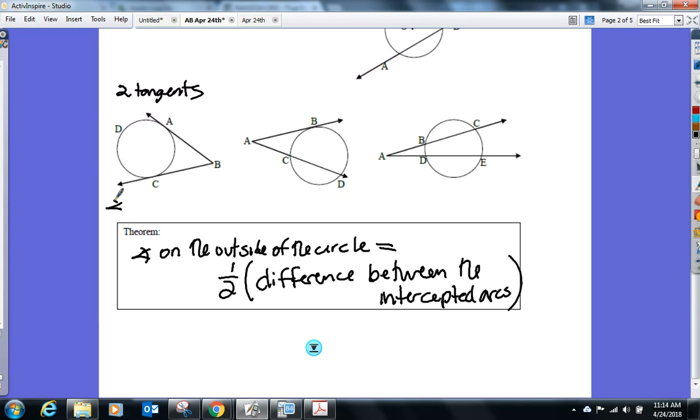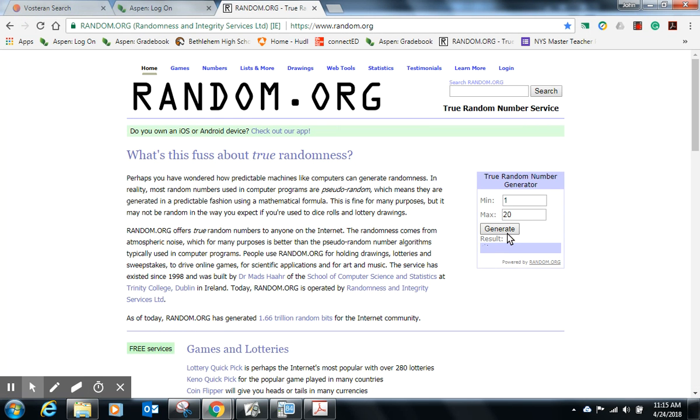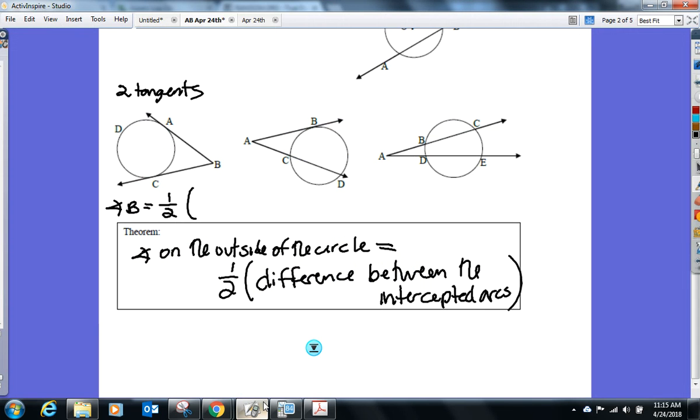Here's how you would find angle B, the one on the outside. It's going to be half of, name the two arcs that are in between the angle. That's what I mean by intercepted arcs. Name the two arcs that the angle catches. Which one is the major one that I'll put first? I've got two ACs up here, this one right here and this one right here.